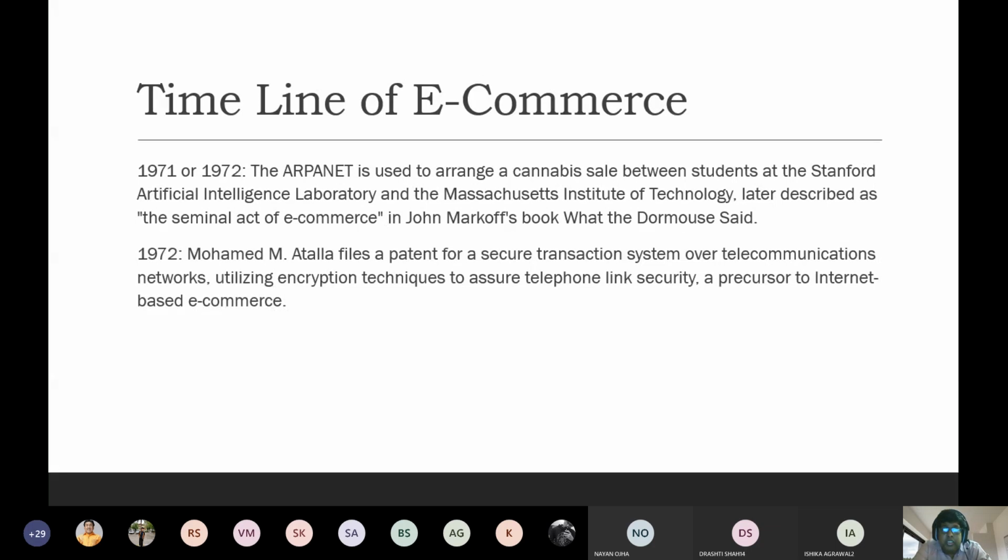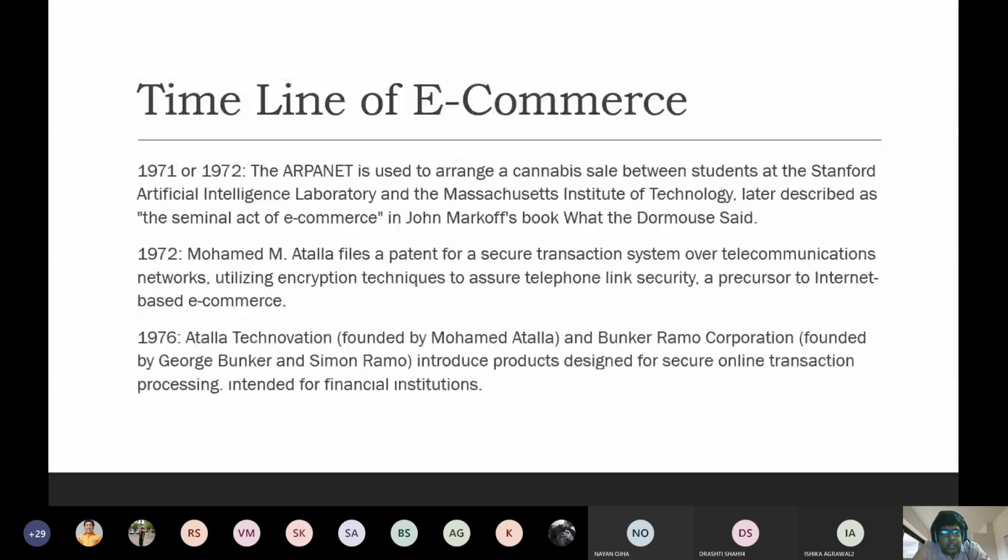Now, it was in 1972 that Muhammad M. Atalla was the first one to file a patent for setting up electronic transactions via telephone lines. He used a special encryption technique, which was used to secure communication and transmit money using your telephone line.